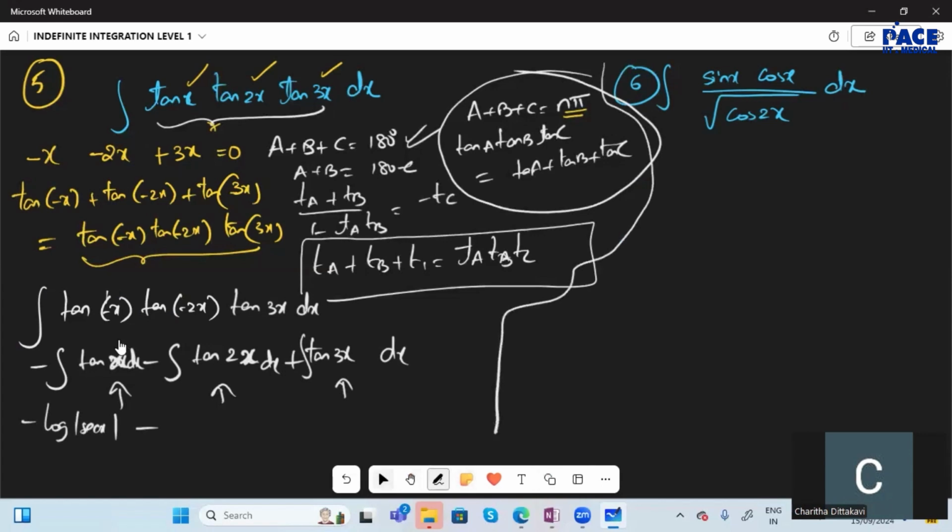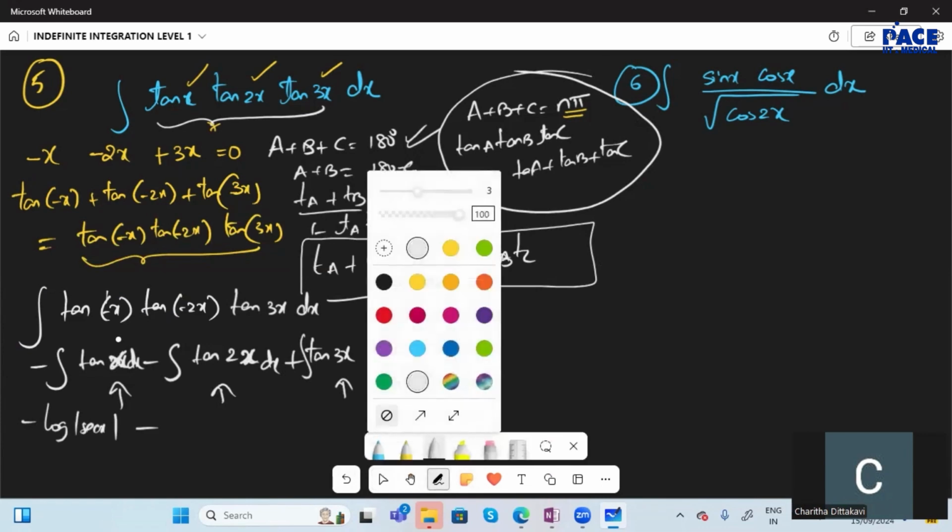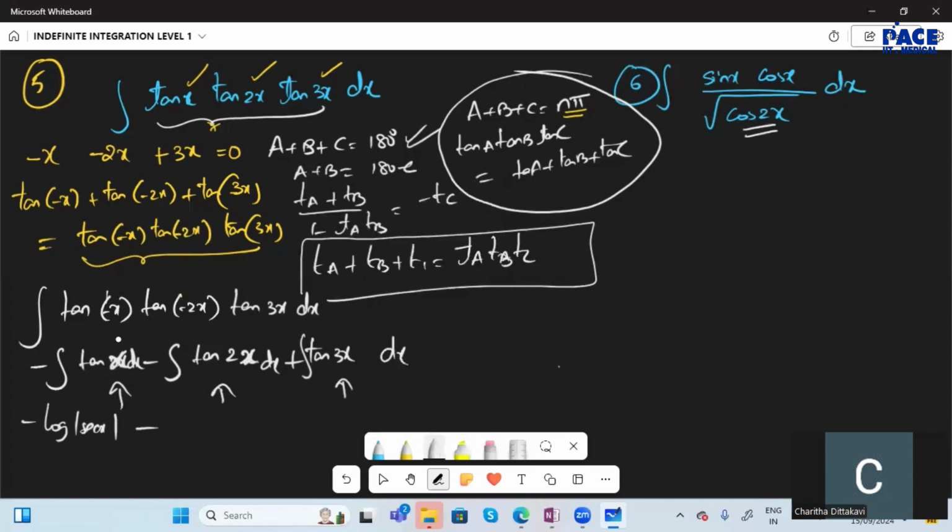Right. Now going for the next question, that's the most important one. For the upcoming question, that is sin x cos x by root cos 2x. Whenever you have sin x cos x, and this is in cos 2x, we can get an opportunity of having sin 2x also. We have sin x and cos x by under root cos 2x dx.